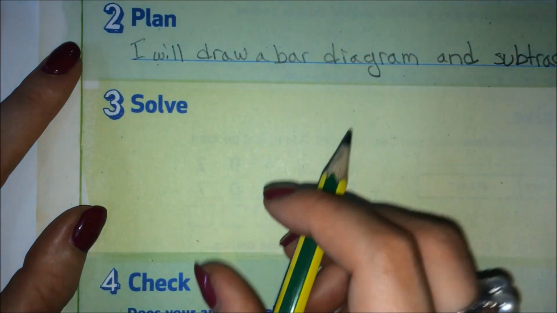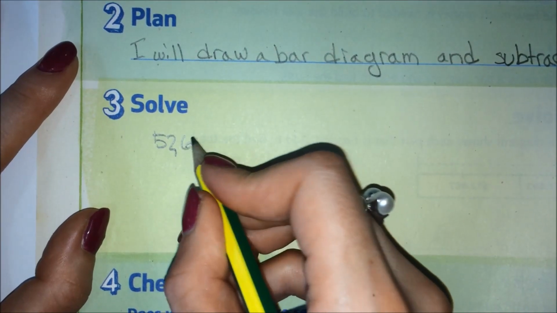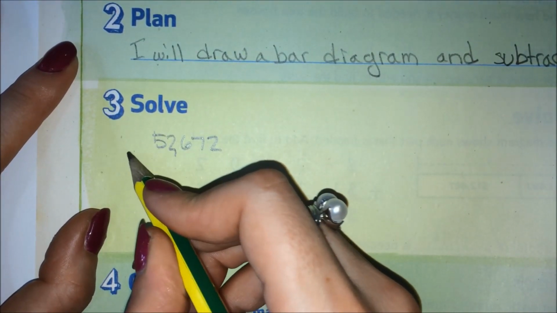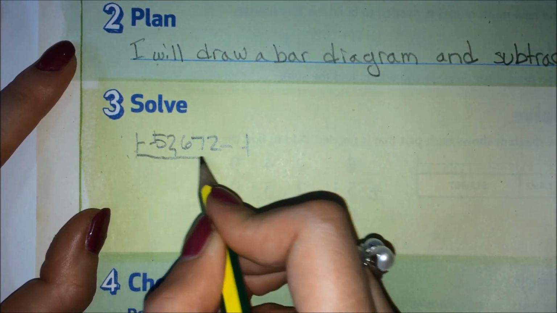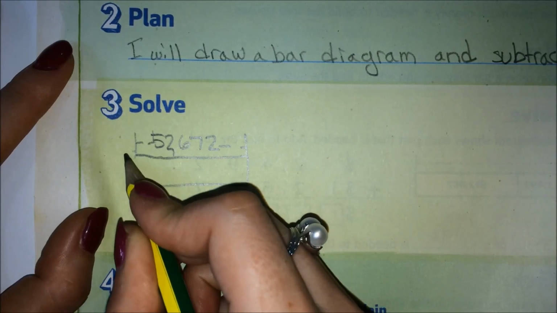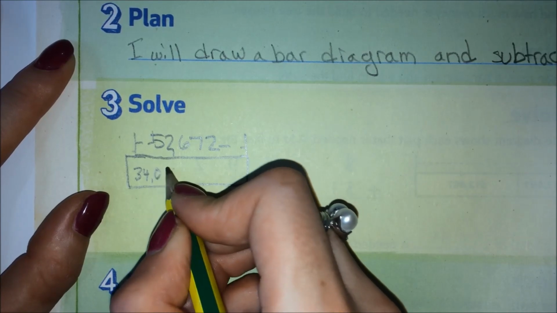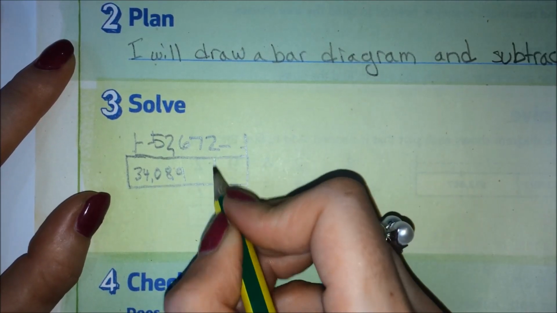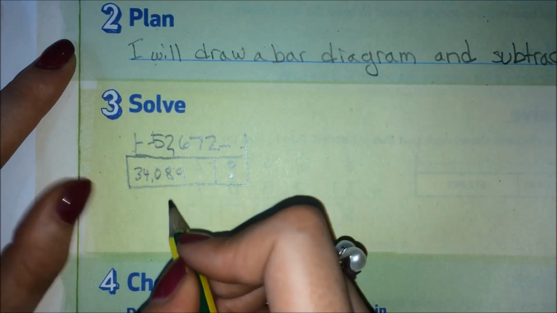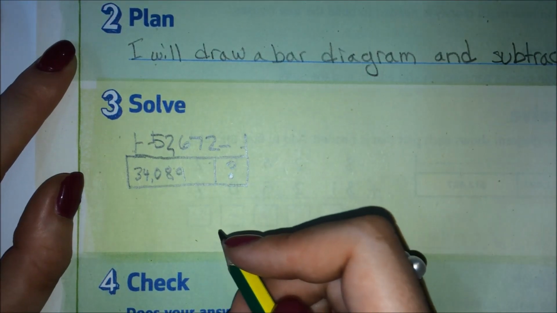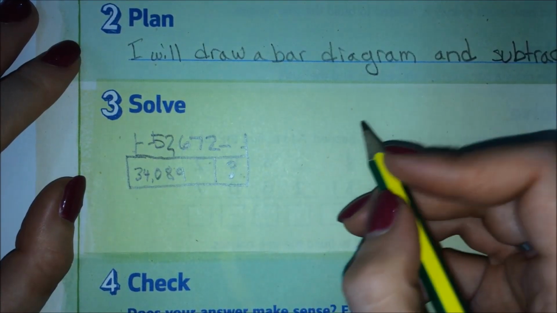We already have the bigger number. The bigger number is 52,672. So we need to find the two parts that make that up. One part is from the school that we already know, 34,089. And then this part is the part we don't know, the difference. That's our answer, the difference. So this is what we're looking for. How many students to get to the bigger number?